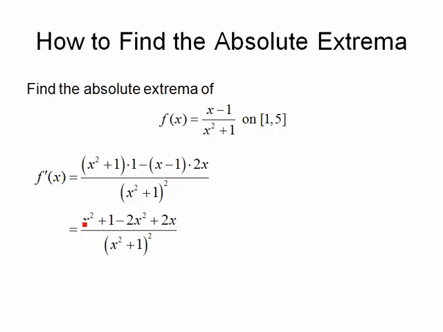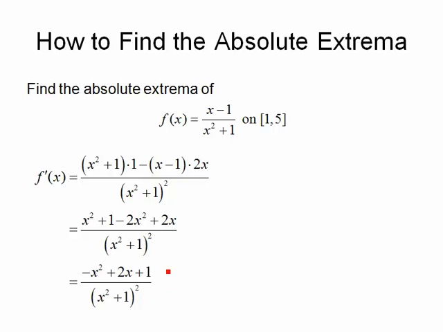So when I do that, the top becomes x squared plus 1 minus 2x squared, and 2 negatives times the 2x gives me plus 2x. Combining those like terms on top gives me negative x squared plus 2x plus 1 over the quantity x squared plus 1, all of that squared.